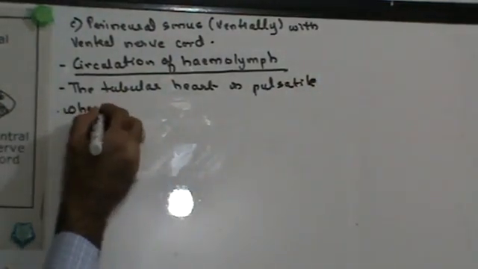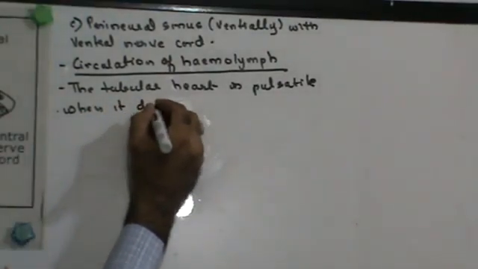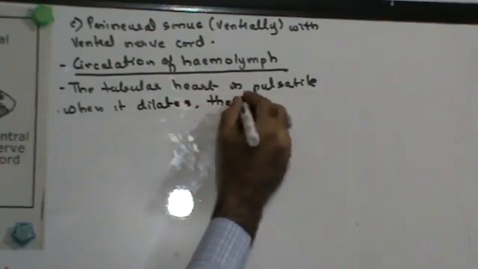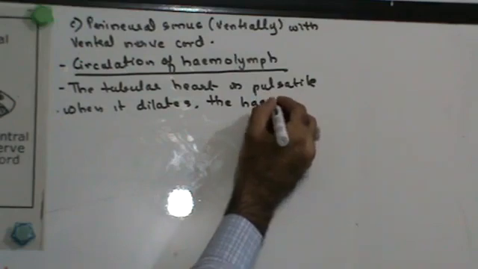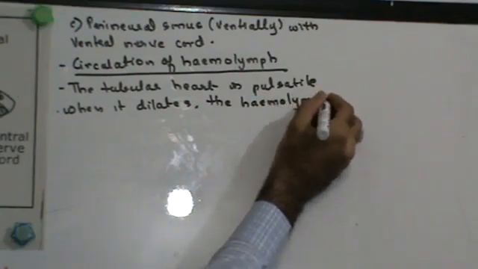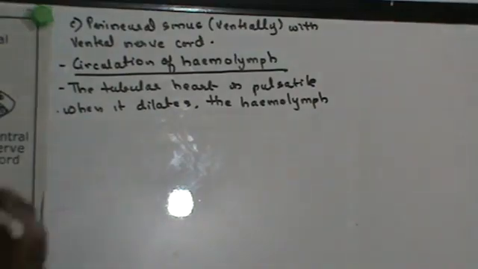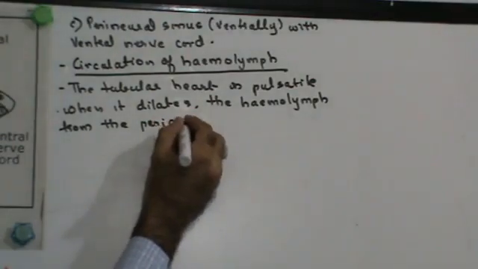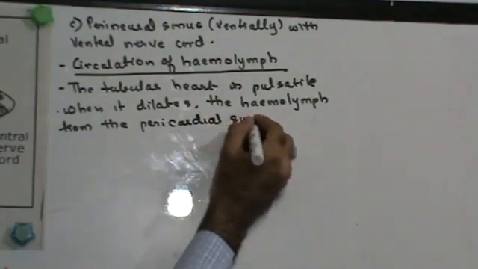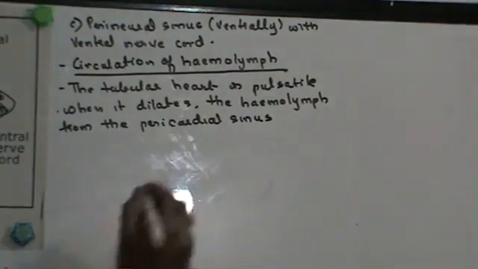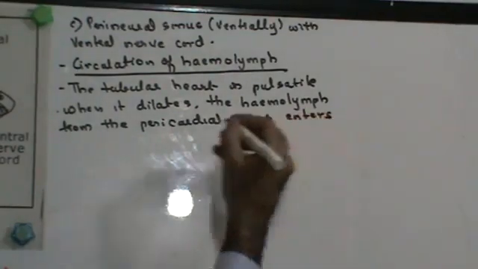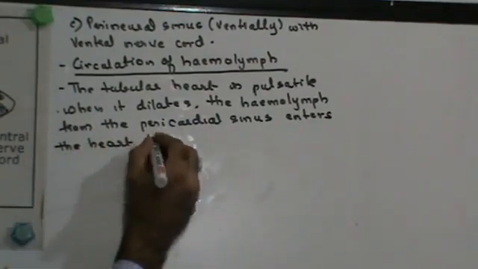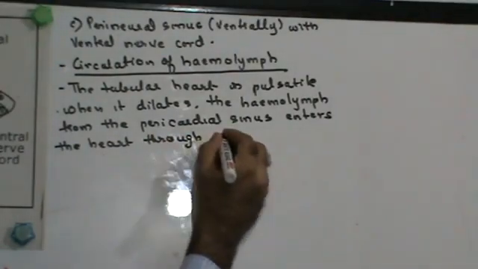When it dilates, the hemolymph from the pericardial sinus enters the heart through ostia.